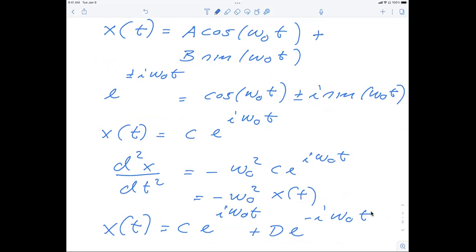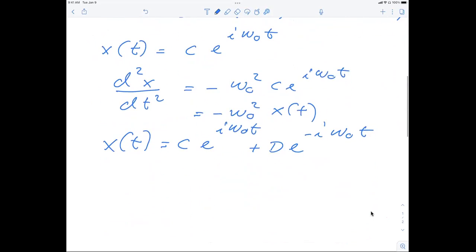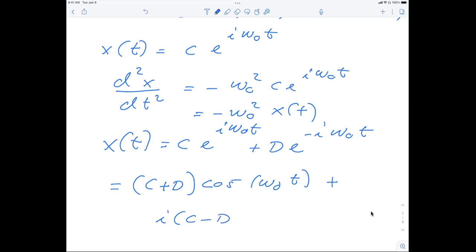So what you would see is that you could rewrite this as (c plus d) times cosine omega 0 t plus i times (c minus d) times sine omega 0 t.